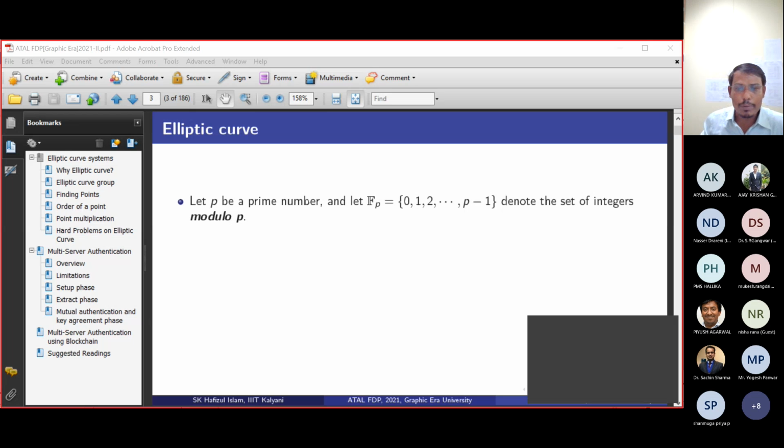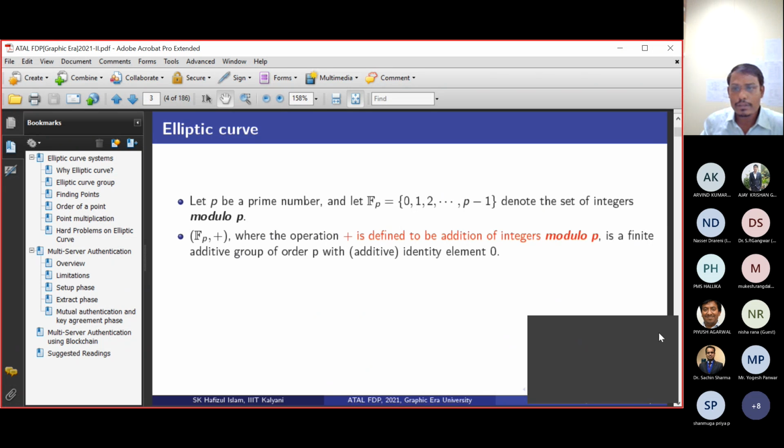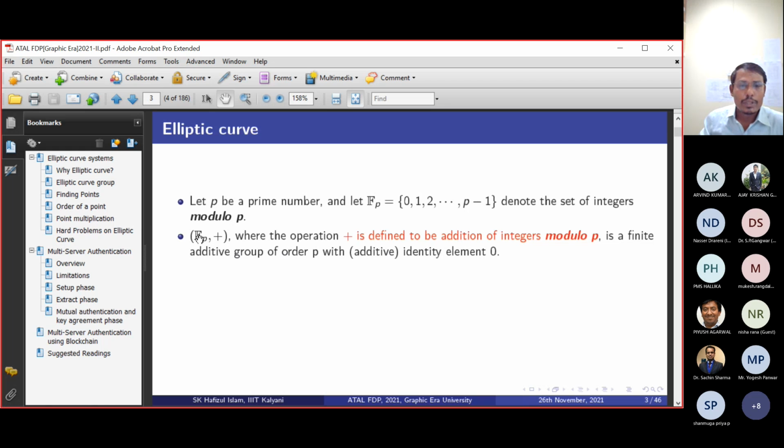Here F_p means Z_p. By notation, we take p as a prime number and define this as the set of integers modulo p. We define a group F_p with addition modulo p. This addition is not a simple addition; it is a plus b mod p.